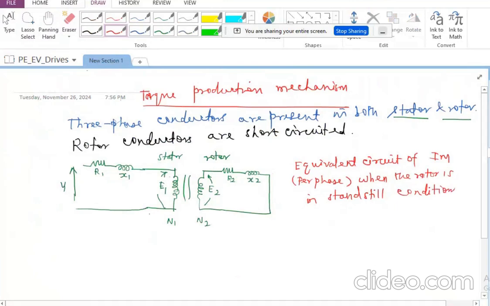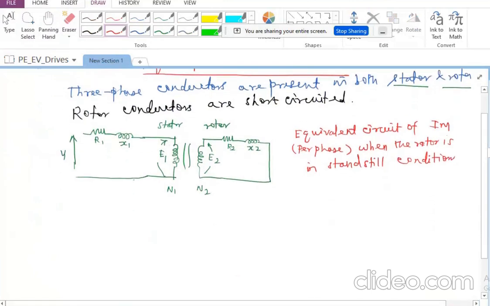Okay. So once the rotor starts rotating, we said that d phi by dt is what is going to give me E2, because whatever is the rate of change of flux visualized by the rotor conductors, that is going to give me E2.